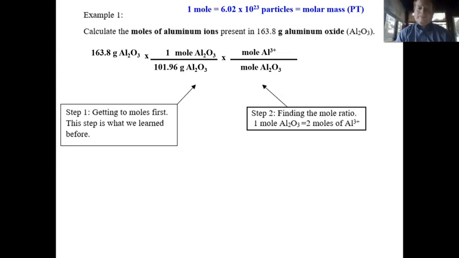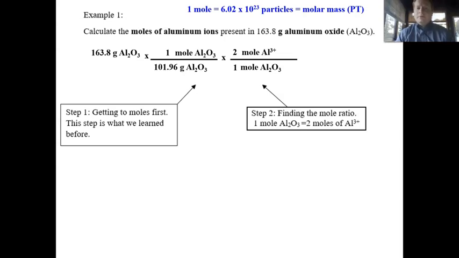The ratio is given to me in the formula. So Al2O3, for every single mole of the overall chemical, there are 2 moles of aluminum, and that's exactly where that came from. The formula says Al2O3. For every 1 overall mole of chemical, there are 2 moles of aluminum. So I put those numbers in.